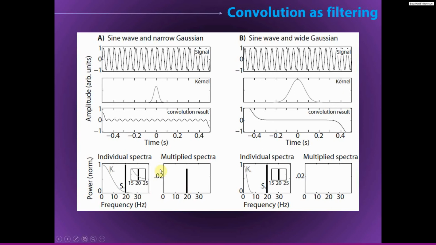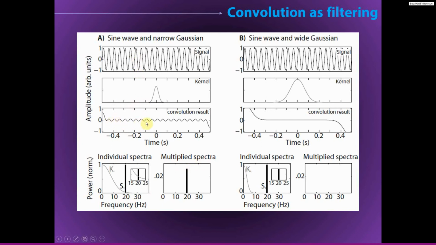You can see the y-axis scaling is much smaller than here. So this is a very small overlap, but it is non-zero overlap. And now when we take the inverse Fourier transform of this spectrum, we get a sine wave that has the same frequency as the original signal, but a dampened, smaller amplitude.